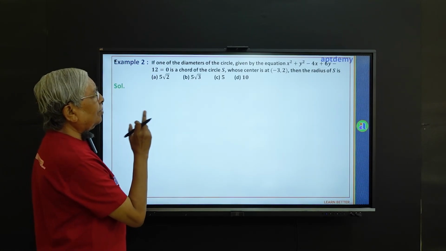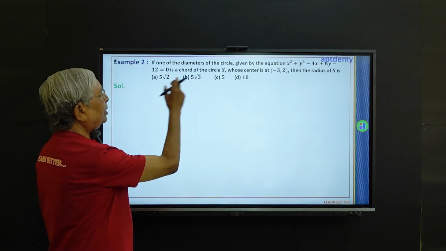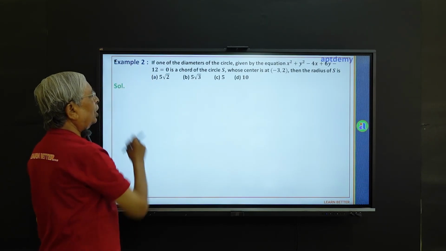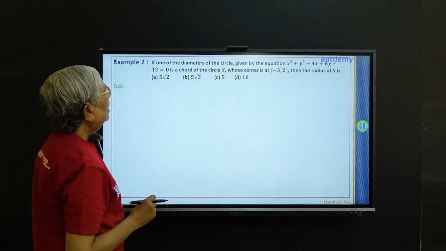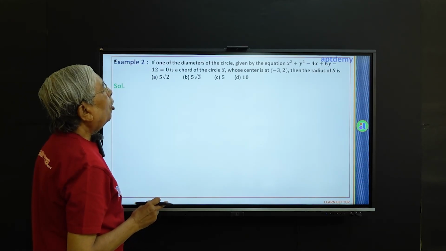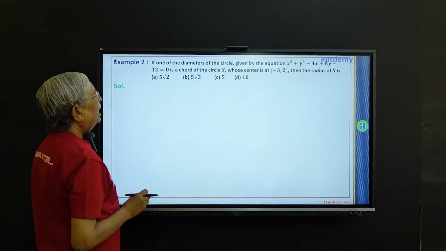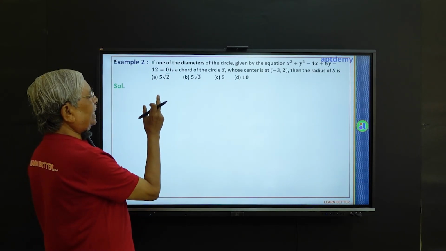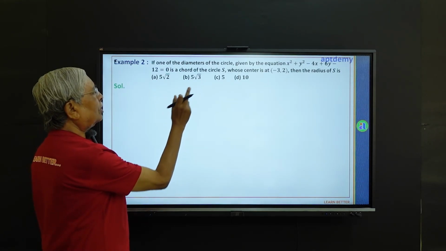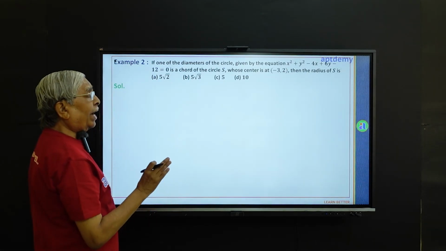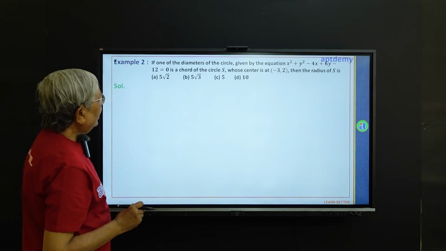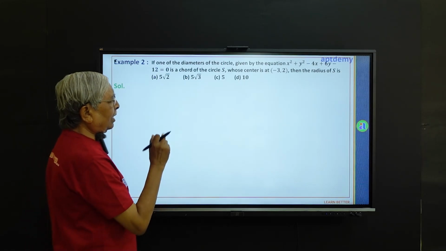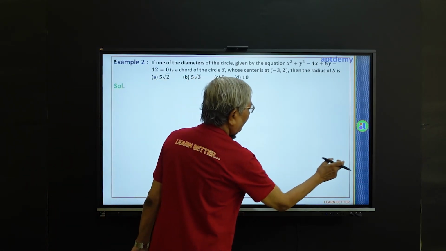One of the diameters of the circle given by this equation. So first you find the center and radius of the given circle. You are given that another circle S is there whose center is given, and we have to find the radius of the circle S. So let us come to the figure.